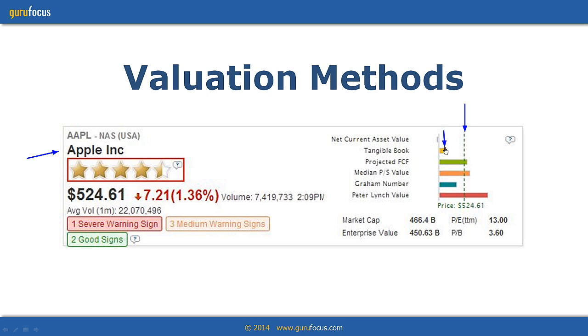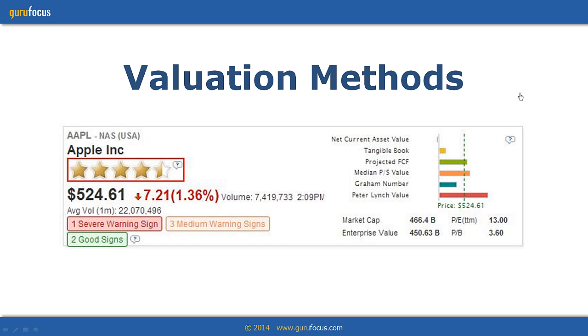Tangible book is way back here, but then the Peter Lynch value is well in excess of that price. So basically, the more of these you see over to the right side of that bar, the better the chance is that stock is undervalued. And when you see them where you've got a dotted line way out here and none of the histogram bars are reaching it, odds are better in the favor that that stock is a bit overvalued based on these metrics.